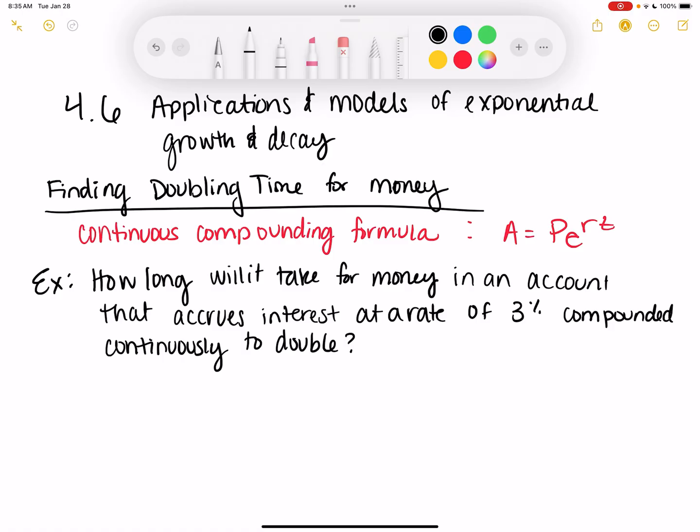All right, so obviously here it says it's compounded continuously, which I'm pointing out because there are other things. At some banks your money is compounded quarterly, sometimes monthly, and they have different rates.